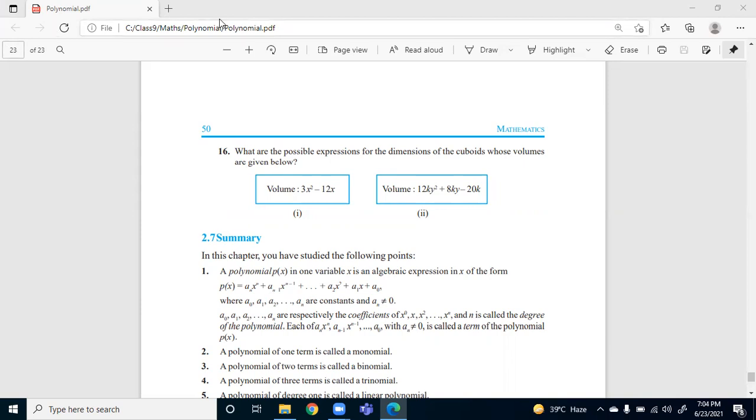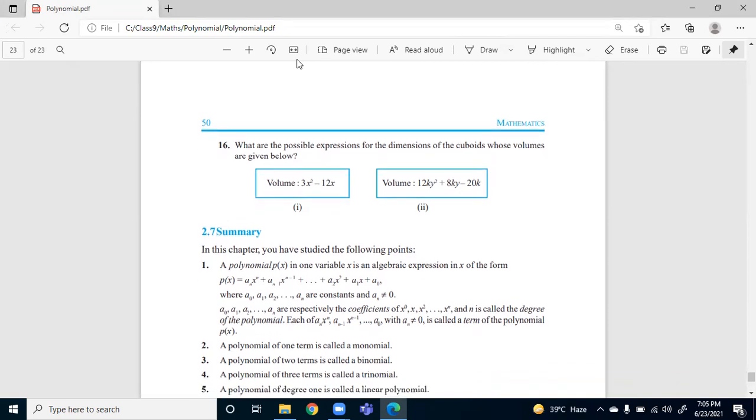Ma'am, within 2 length. Speak again, Divyansh. Ma'am, length into height, half into breadth. So many formulas are pouring. Three formulas I got right now.